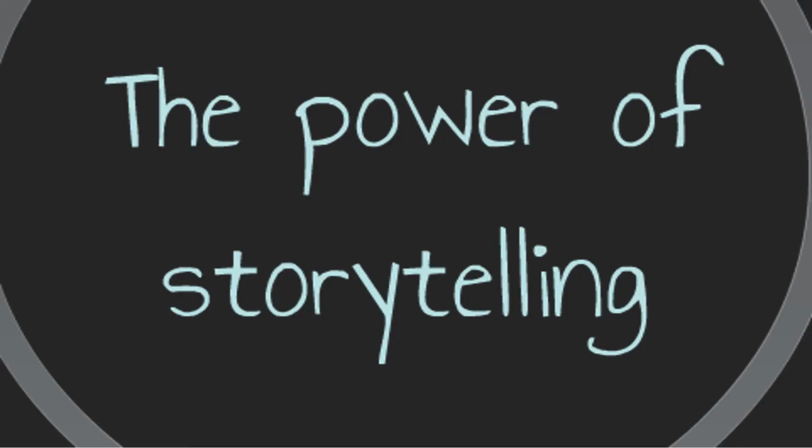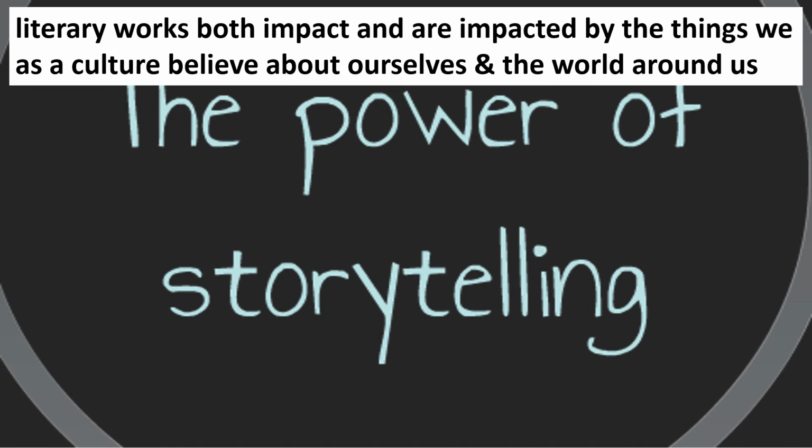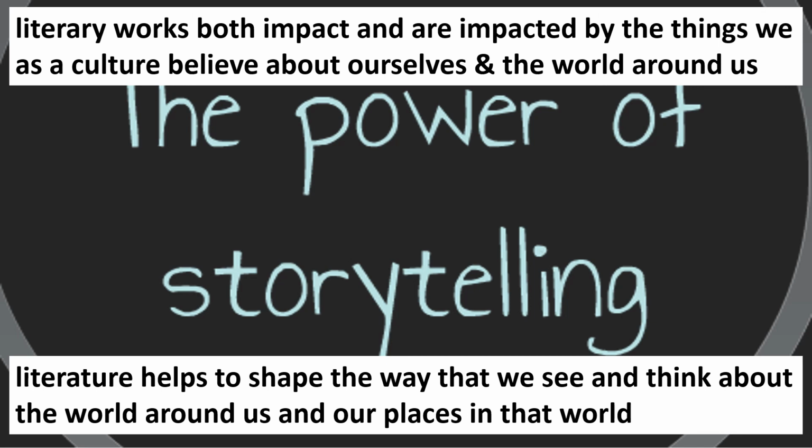At the same time, the stories that literary works tell about ourselves and the world around us both impact and are impacted by the things that we as a culture believe about ourselves, the world around us, and the places of different groups of people within that world. Literature reflects these things, but it also helps to shape them through the ways in which the stories that we read impact the way that we see and think about the world around us and our own individual places in that world.